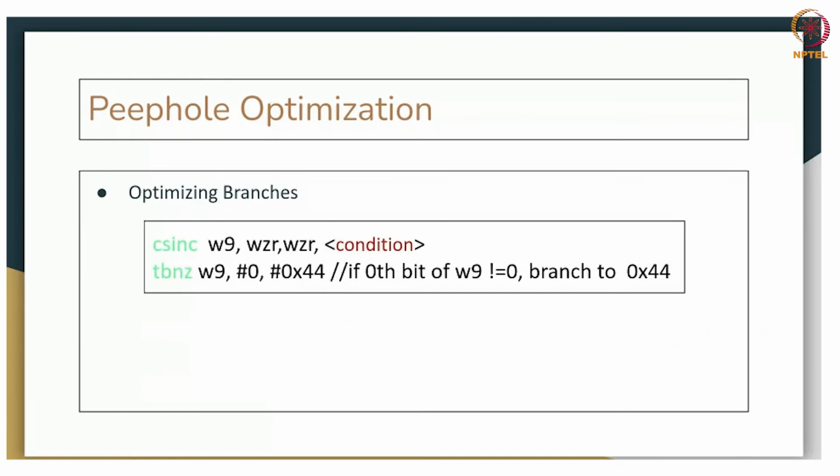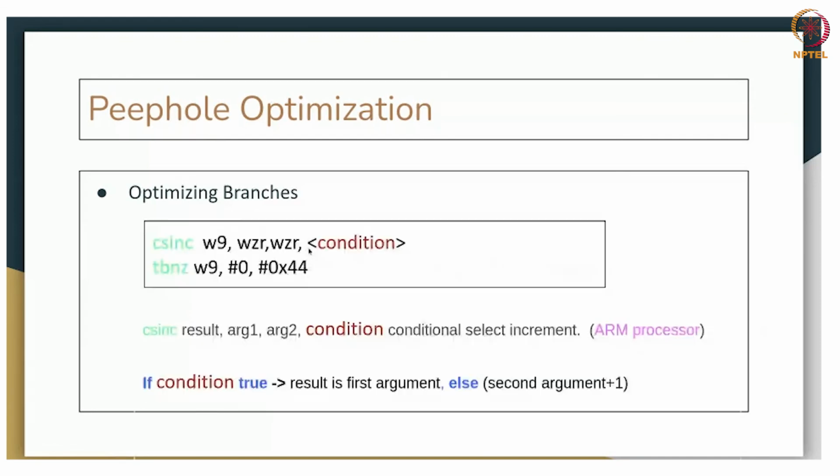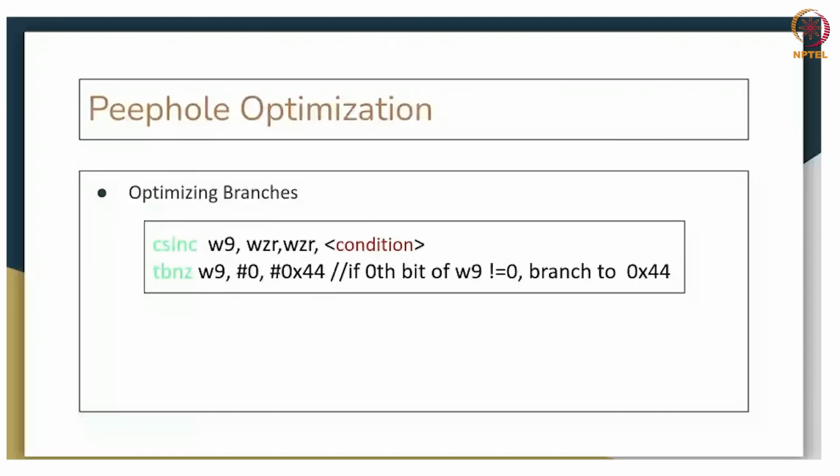If you look at the CSINC, both the registers are the W0 register, which will have the value 0. If the condition is true, the result is the first argument, that is the zero register. If the condition is false, it will be 1, because the zero register has value 0 and the second argument plus 1 is taken.